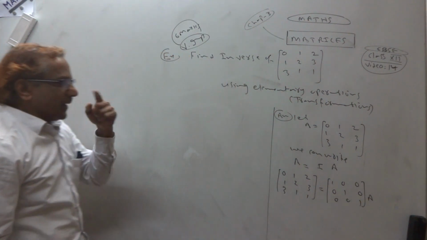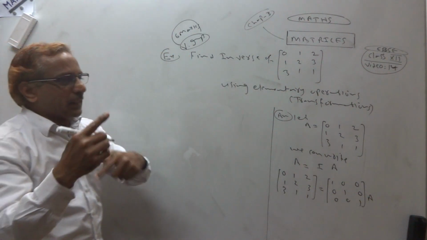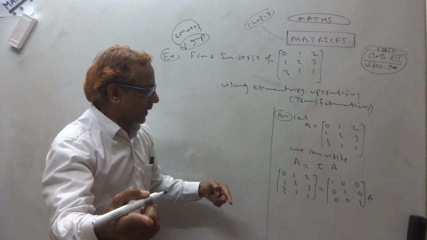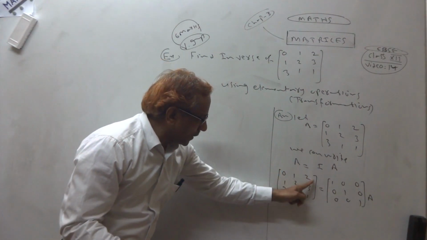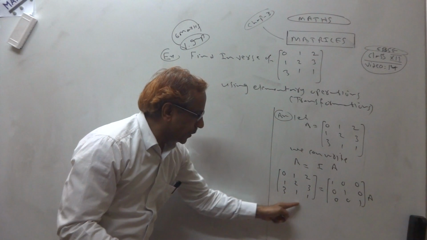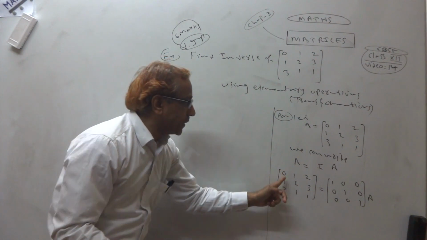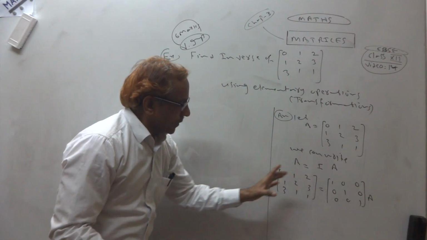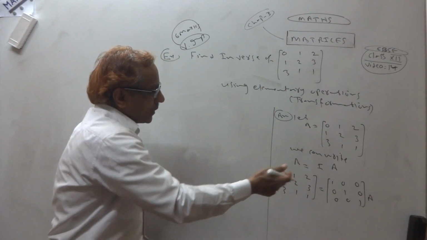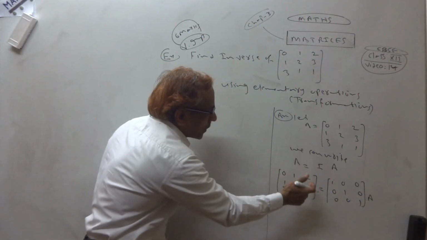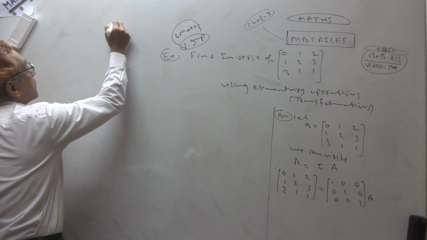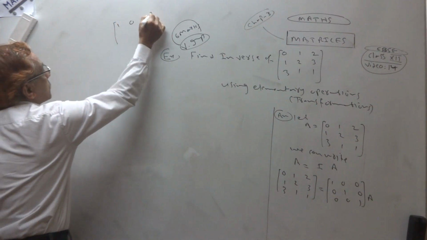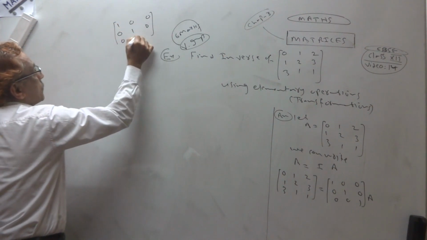As in the 2 by 2 matrix case, here also we have to make an identity matrix. After writing this matrix equation, we should make this the identity matrix 1, 0, 0, 0, 1, 0, 0, 0, 1.